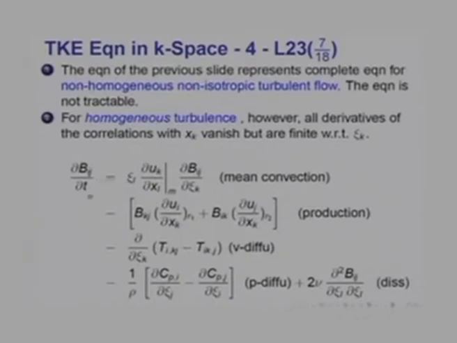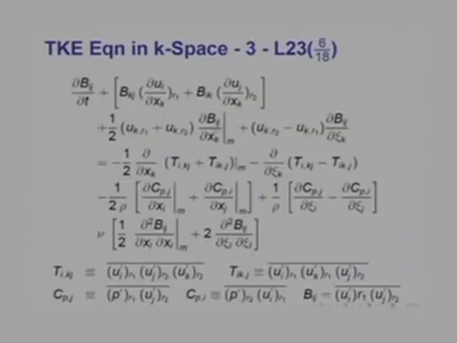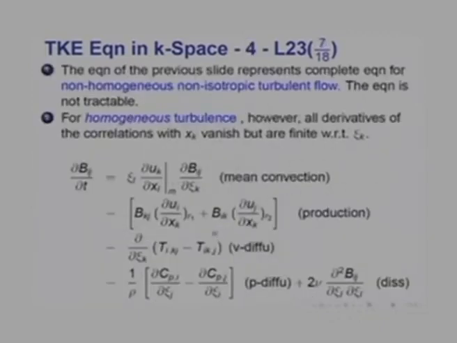dBij by dt equals psi l times duk by dxl into dBij by d psi k. Now, that is the mean convection term, because this is already 0, it is the term uk R2 minus uk R1 dBij by d psi k. So, that is mean convection plus production.